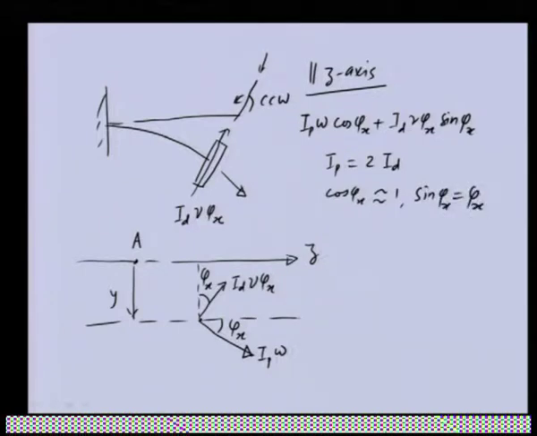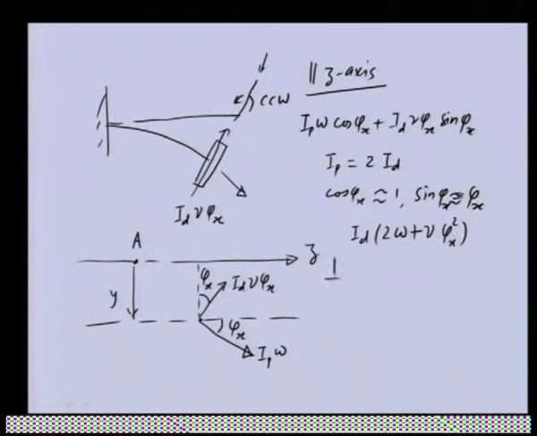If we substitute these values in the above equation, we can write that expression as Id (2 omega plus nu phi x square). So, this is the net angular momentum which is acting along the direction of the bearing axis, the z axis.